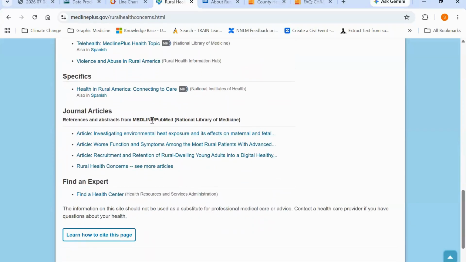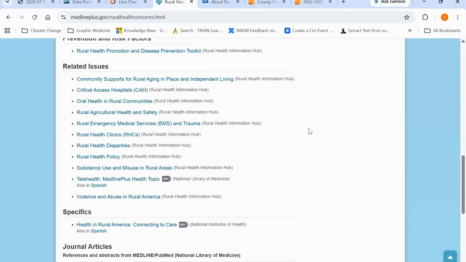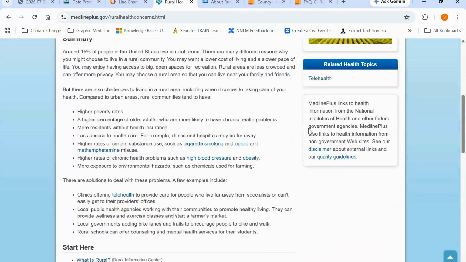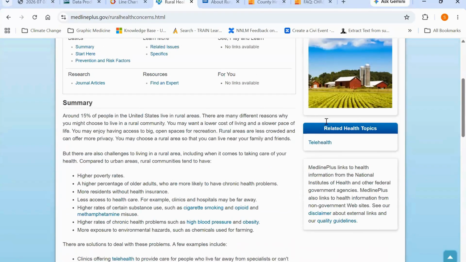Journal articles will link out to PubMed, and then also some Find an Expert. So that's the general overview of the page. You also have the option for related health topics. This will keep you on Medline Plus, but will take you to the topic, in this case, telehealth.